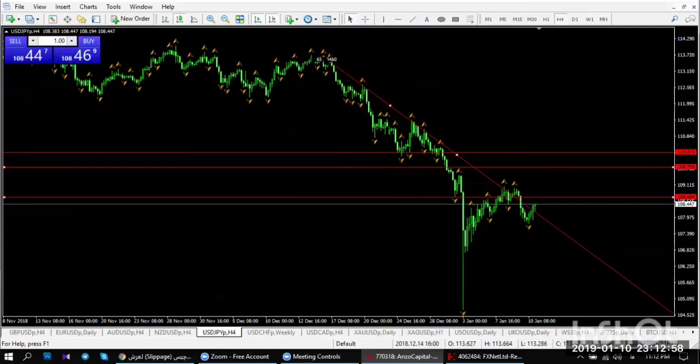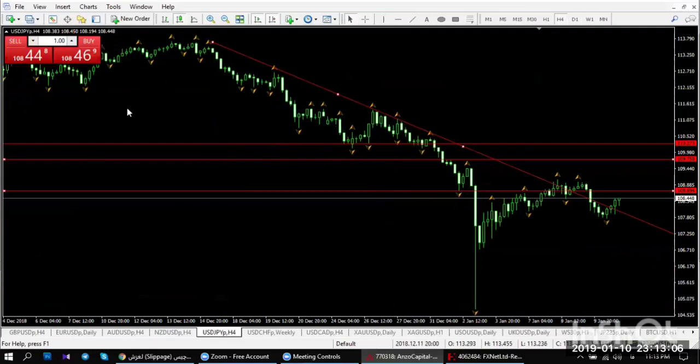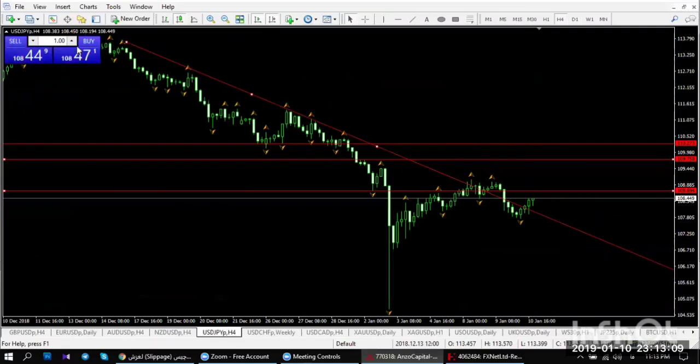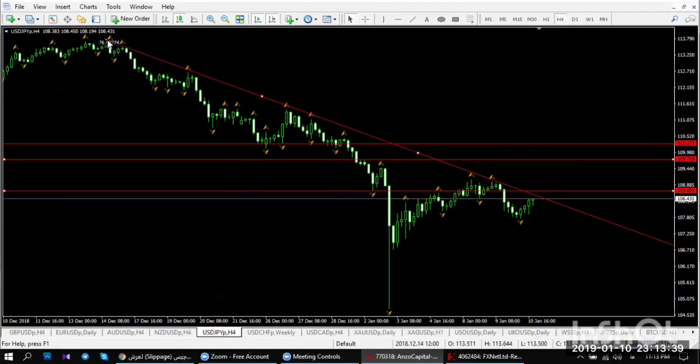From this point. Is my trend line correct? Please wait and let me adjust it.